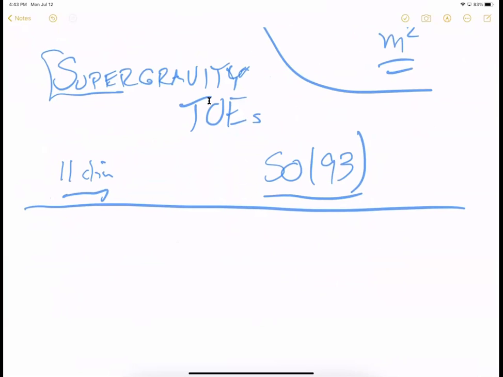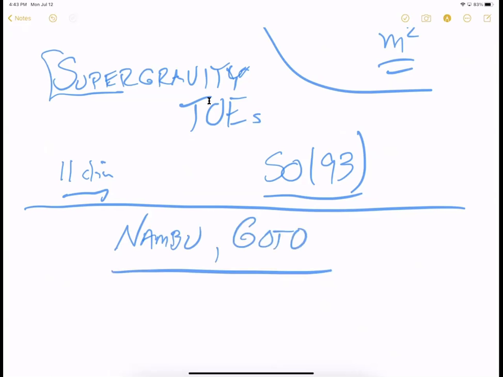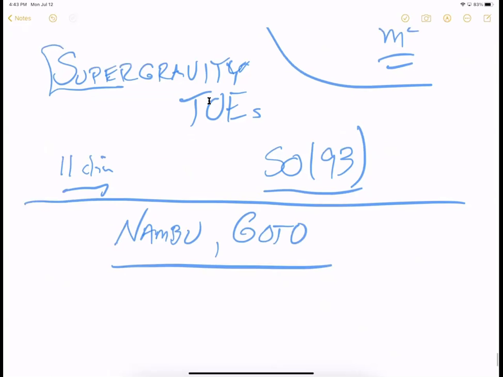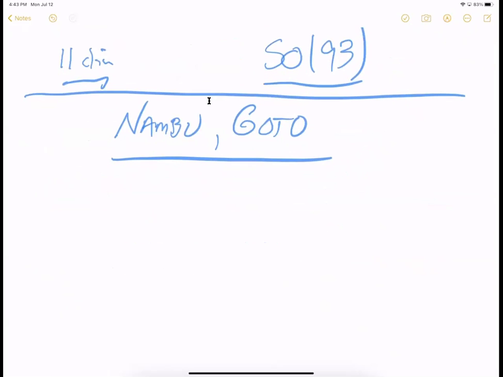Okay, there was a parallel development, Nambu and Goto. In 1968, we're looking at mesons, and that's a strong force between a quark and an anti-quark.